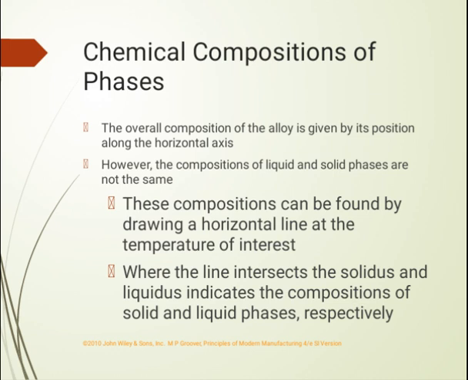Chemical compositions of the phases: the overall composition of the alloy is given by its position along the horizontal axis. However, the composition of liquid and solid phases are not the same.